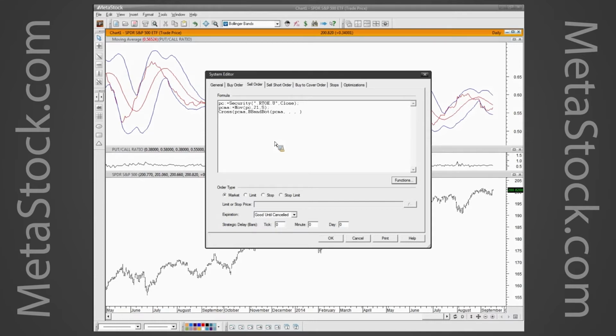Then we enter our information for the Bollinger Band bottom. We need to have one more parenthesis there.